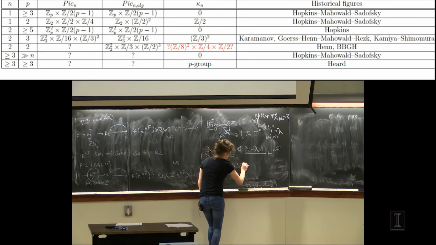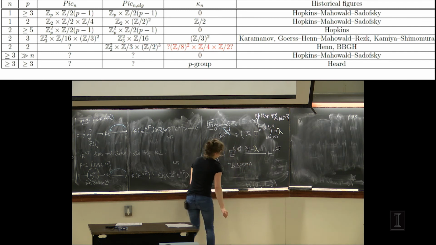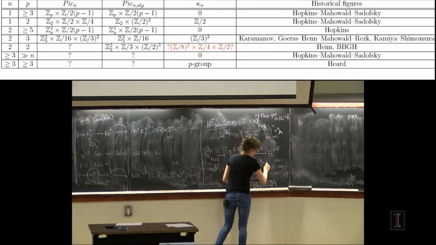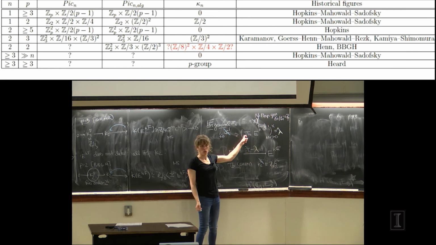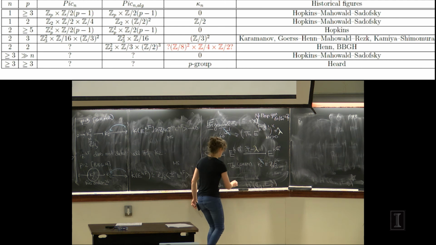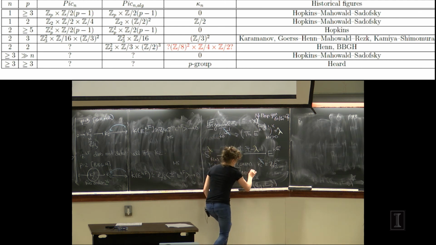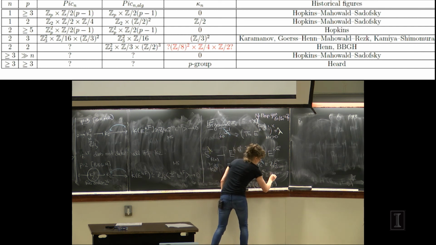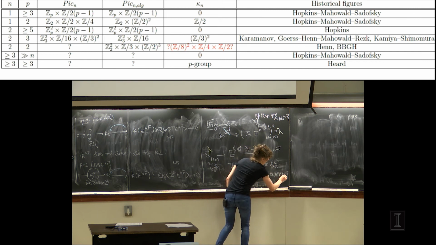From this result, you see that the theorem of GHMR is that kappa 2 G1, the stuff that's not seen, is Z mod 3. And it just comes from knowing what's in this group, OK? And BBGH, kappa 2 of G1, at p equal to 2, is a Z mod 4 plus a Z mod 8.